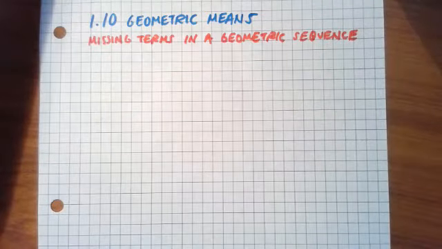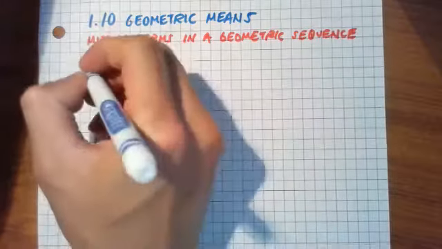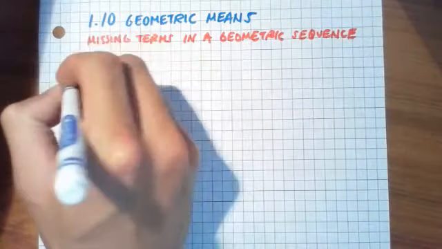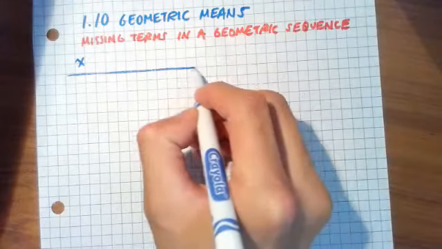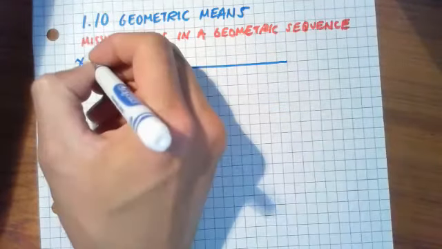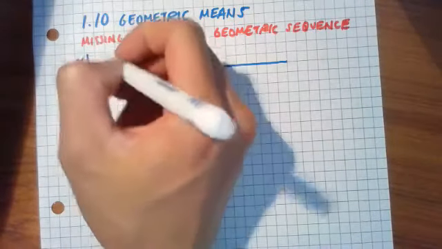Let's make a table with an example. Let's have x and y, and let's do 4 steps.